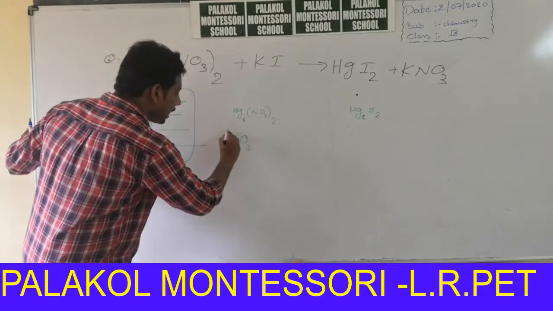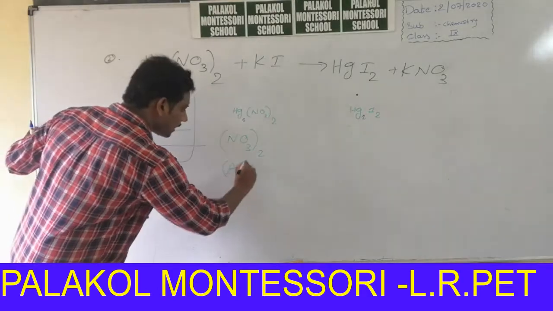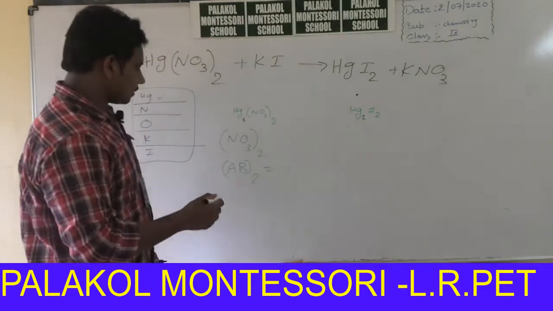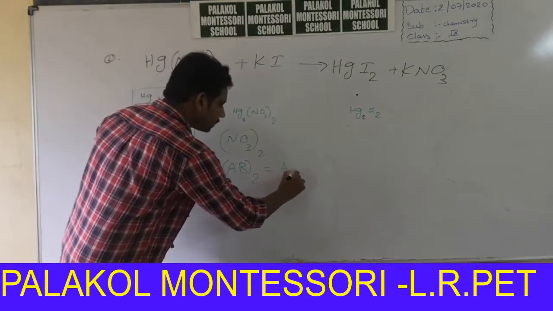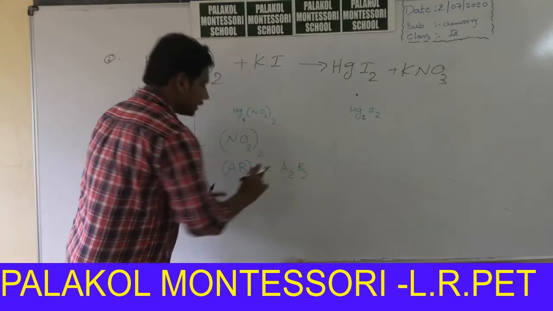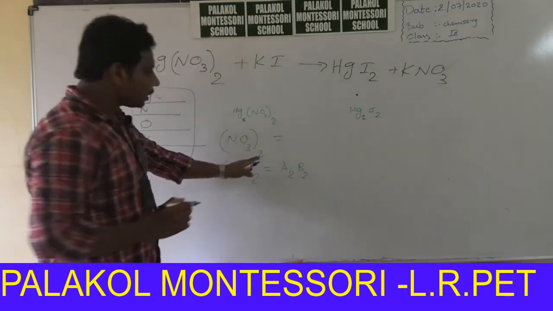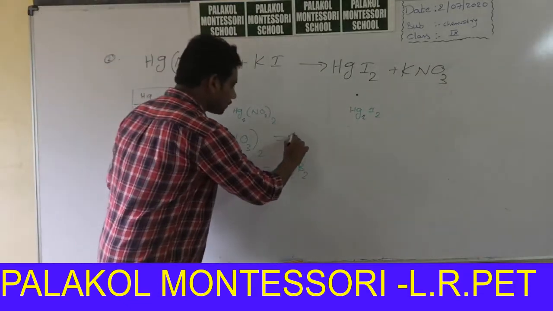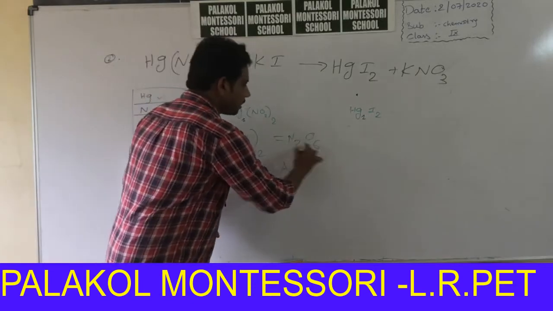Now, NO3 taken twice means, as I already explained with the example, AB taken twice: A into 2, A2, B into 2, B2. This twice is related to both A and B. Like that, N into 2, N2, O3 into 2, O6.